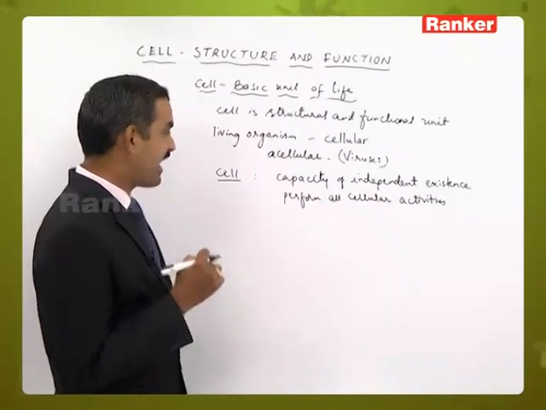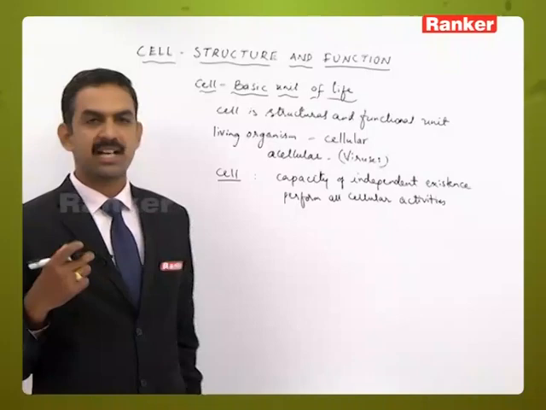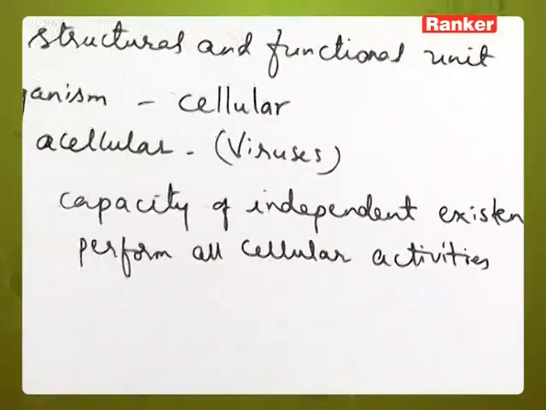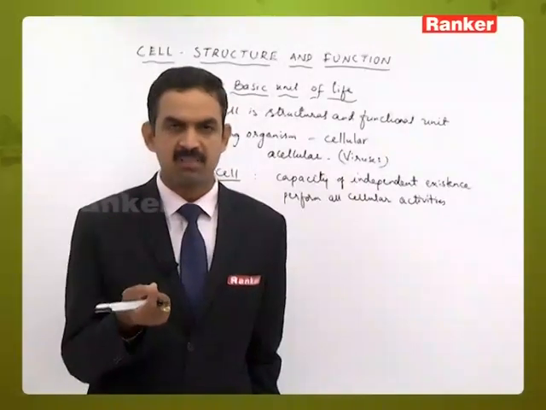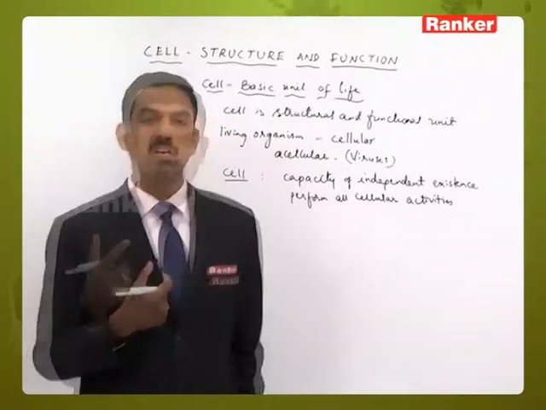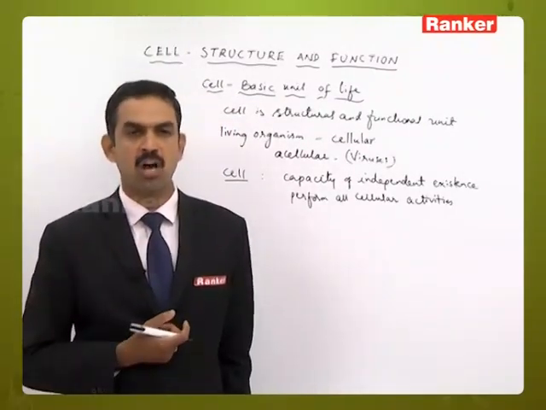And the life of any living organism starts with one cell. Whether it is a multicellular or a unicellular organism, the life of that living organism starts with one cell called the zygote. If it undergoes repeated division, it may be converted into a multicellular organism.